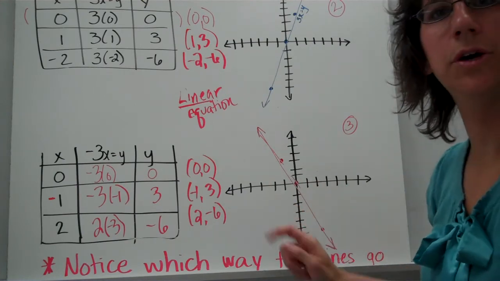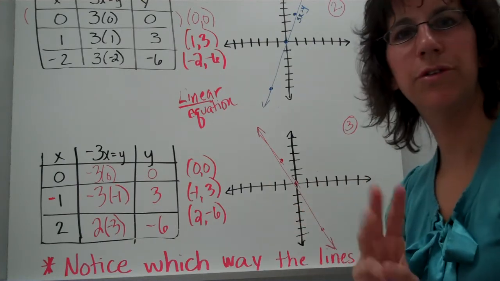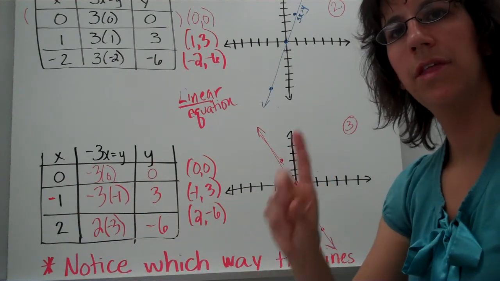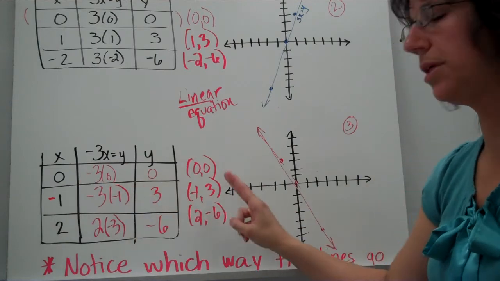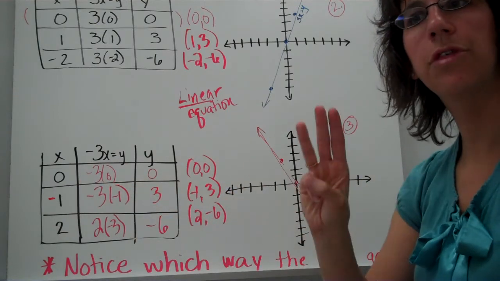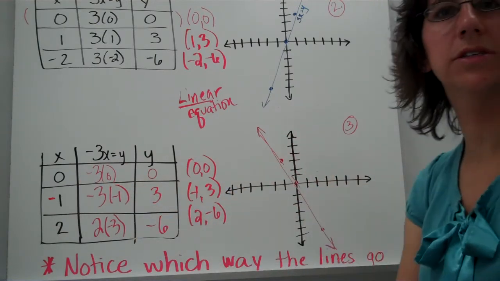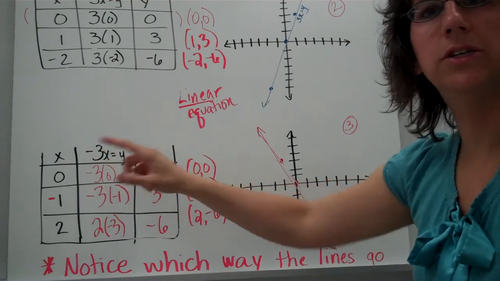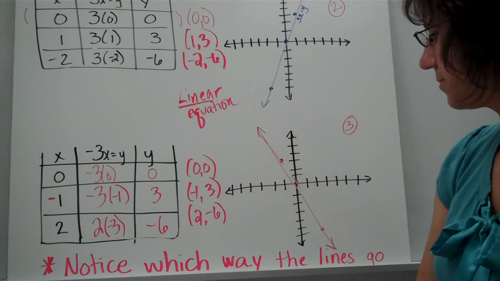This is a linear equation. Again, there are 3 steps. The first is to complete a function table. The second is to take the function table and make ordered pairs. The third is to graph those ordered pairs and connect the dots. 3 steps to create from an equation to a line.